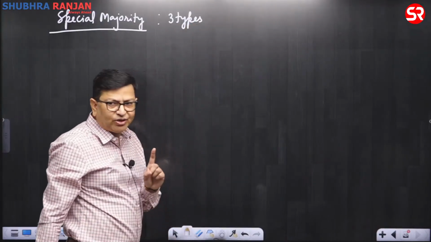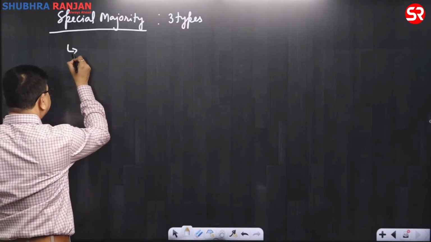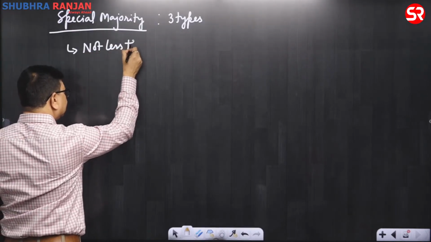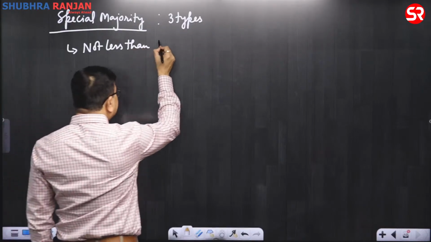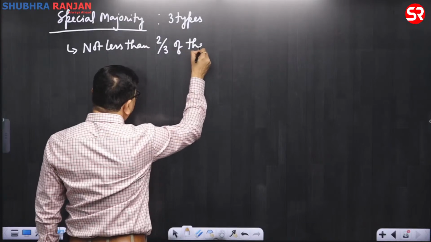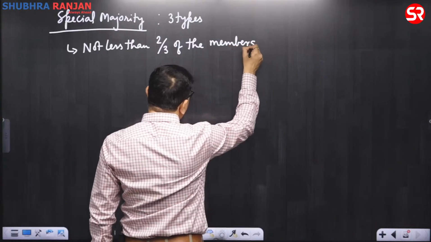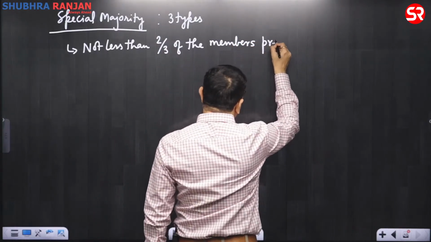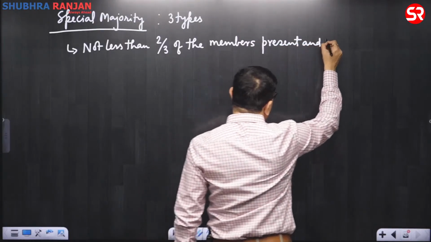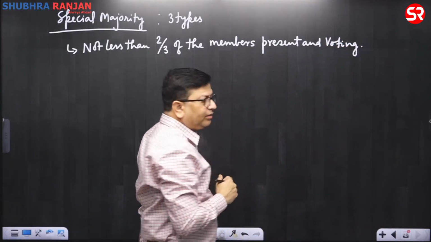There are three types of special majorities. First, not less than two-thirds of the members present and voting.